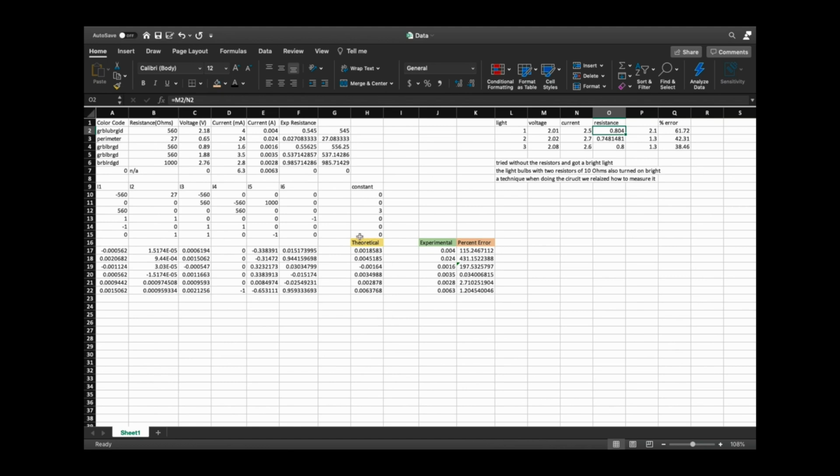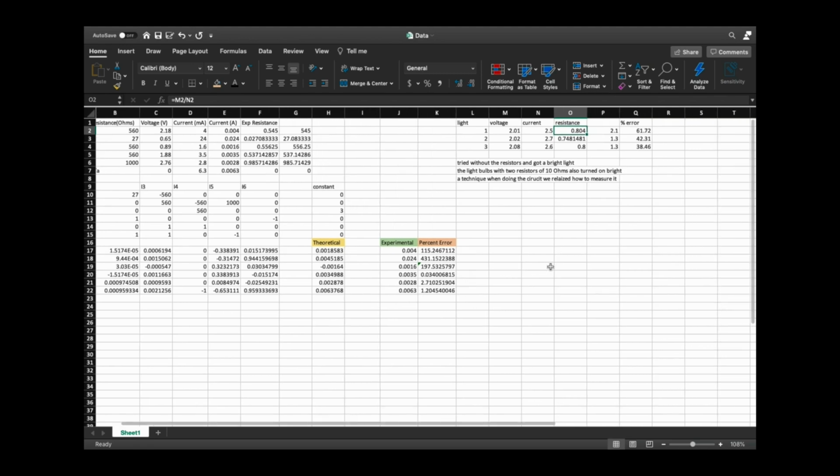And down here is what we ended up with for our theoretical currents. And then we compared that to our experimental currents, which was from this column right here, and got a percent error for each one. Some are significantly high and the other ones were very low. This probably would have been because of certain errors in measuring, but this is what we ended up with for that.